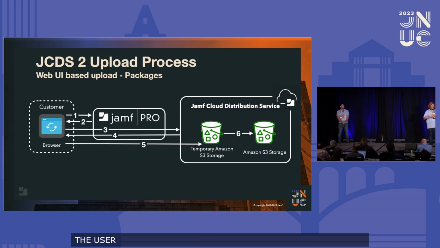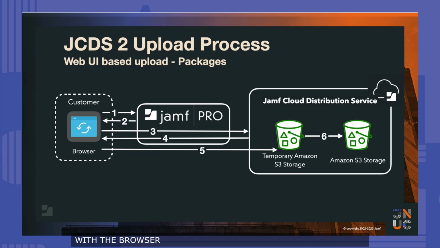The browser is going to communicate with JCDS and again start that upload. Step four, the credentials are returned again to the browser session, and those are going to be used to upload the files to our S3. Step five, again, the file is uploaded to the temporary S3 storage. And step six, again, we're using the SHA-256 and MD5 hash to index the file for permanent storage.